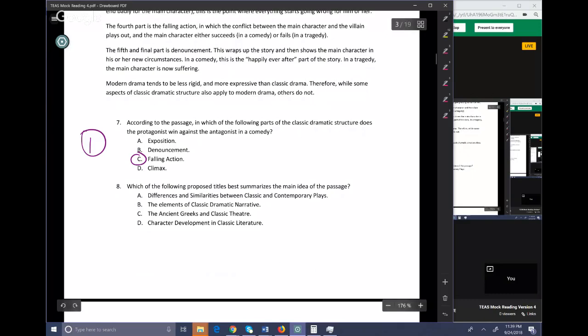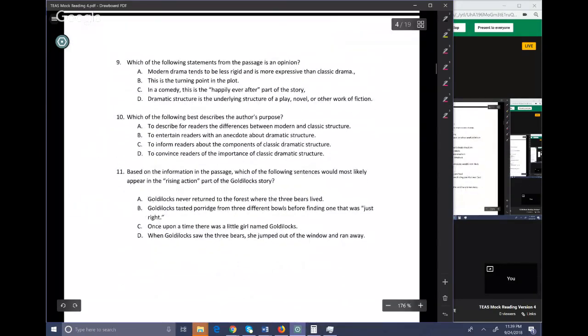So proposed title summarizes main idea is the same thing as saying they want the main idea. And the main idea is more dead on with this one than it was with the other one. The elements, the parts of classic dramatic narrative. They're not saying it's a narrative. They're saying that they're describing a narrative.